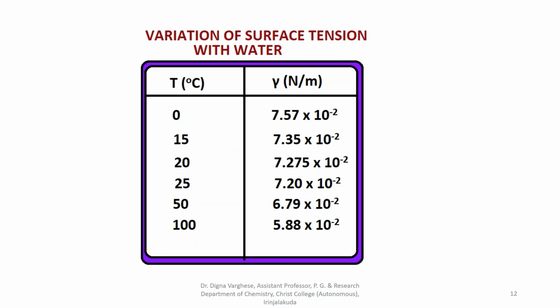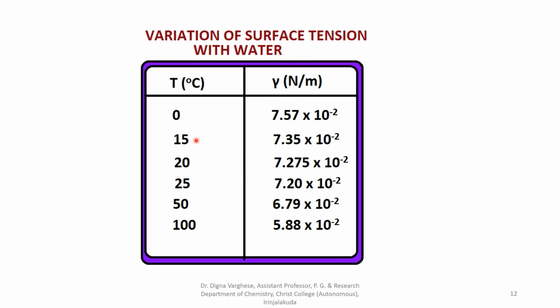You can see from this table there is some variation of surface tension of water at different temperatures. Water at 0 degrees Celsius, its value is 7.57 into 10 raised to minus 2. As the temperature increases, kinetic energy of the molecule increases and thereby intermolecular force of attraction decreases, so surface tension also decreases.